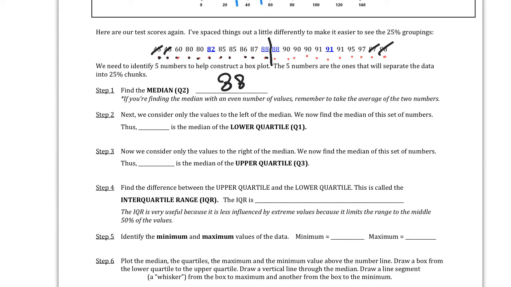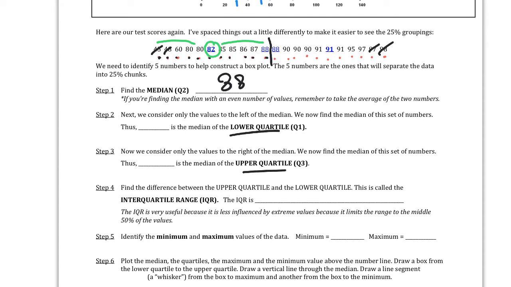And then to find the Q1 and the Q3, what we call the lower quartile and upper quartile, or first quartile and third quartile, we're going to find just the median of the lower half and the upper half. So I know I have 11 numbers here, so to split 11 in half, I'd have to go 5 on each side. So here's 5 and here's 5.